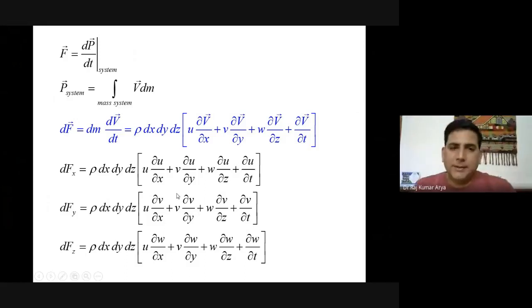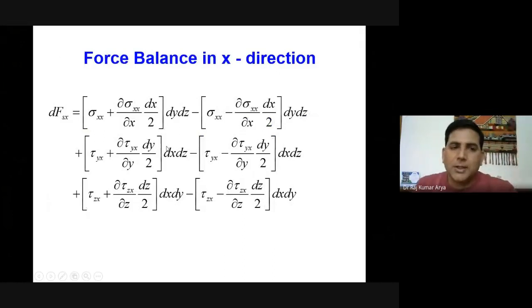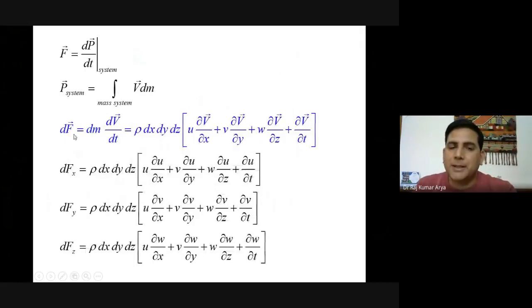Now let's go to the next one. That previous one was totally from force balance. Force is practically nothing but mass times acceleration, no matter from where the force is being exerted. Now go back to your picture. Your figure is this.